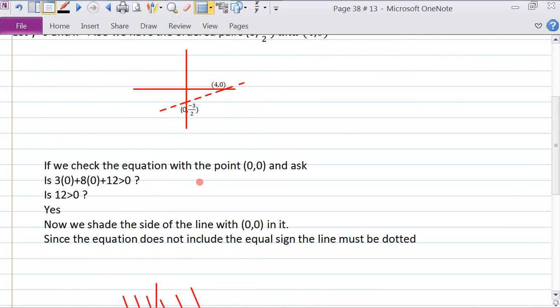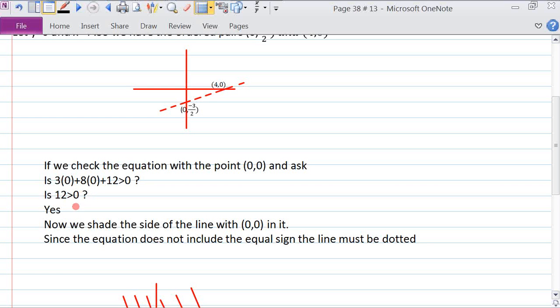So we check the equation with the point 0, 0, and we can clearly see that 0, 0 lies on one side of the line. It's very, very clear. So we're going to substitute it into minus 3x plus 8y plus 12 greater than 0. We're going to replace the x with the 0 and the y with the 0, and then we're left with 12 on the left.